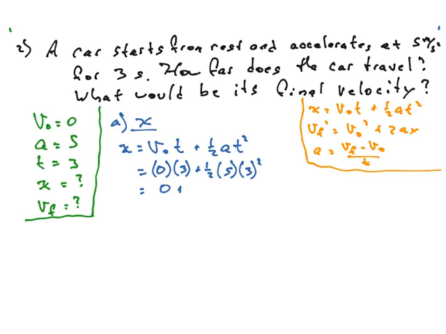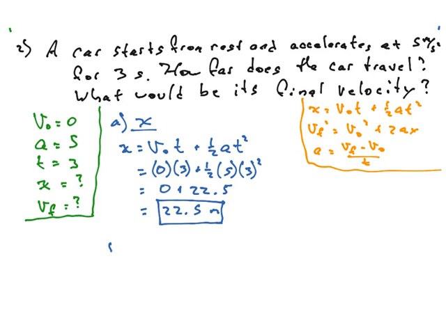All right, 3 squared is 9. 9 times 5 is 45. 45 divided by 2 is 22.5. So, how far does this car go? 22.5 meters. So part A is done.